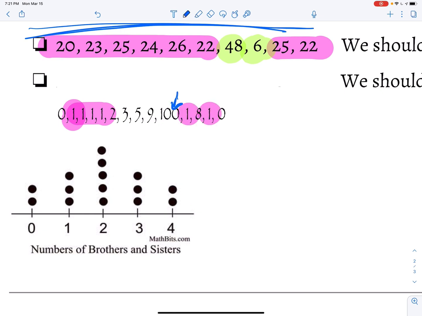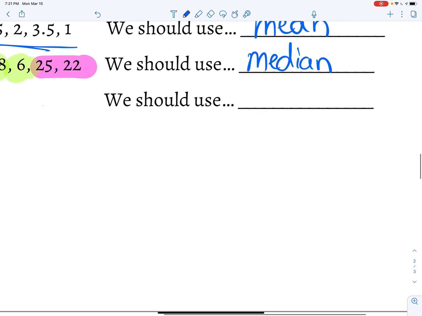This is not a 1. You got to read your data set carefully. If we're glossing over this really quickly, we might just think that 100's a 1, then a 0 and a 0. No. That's 100. Does not count toward our total of 1 2 3 4 5 6 number ones, but because there are many more number ones than other numbers in the data set, we're going to use the mode.